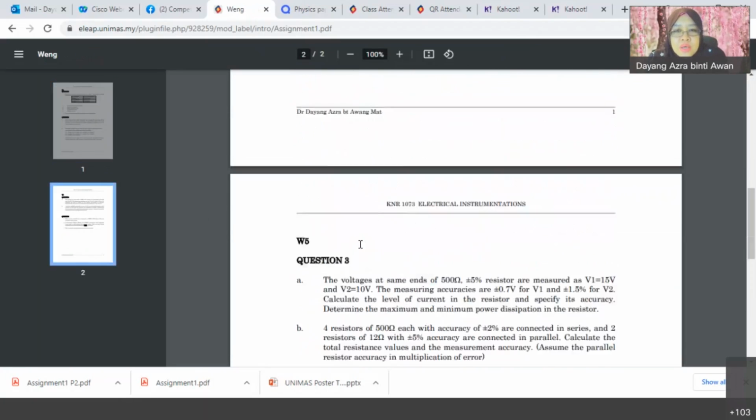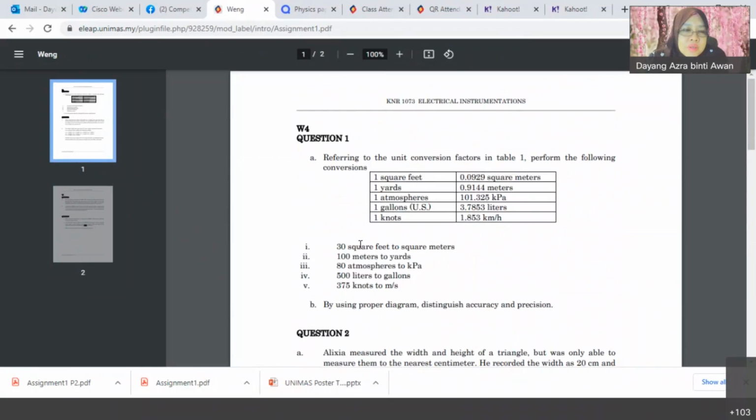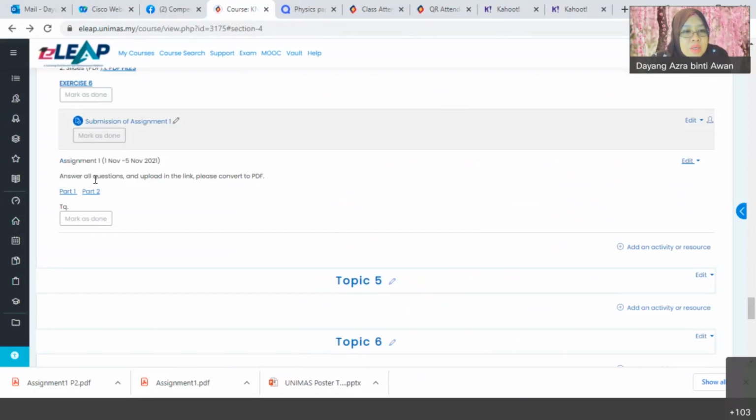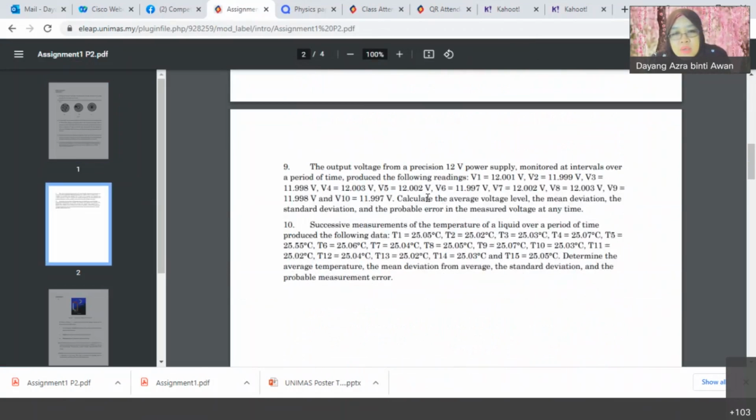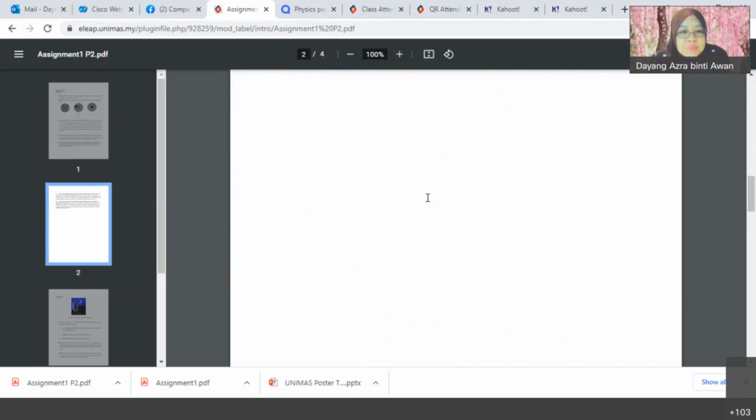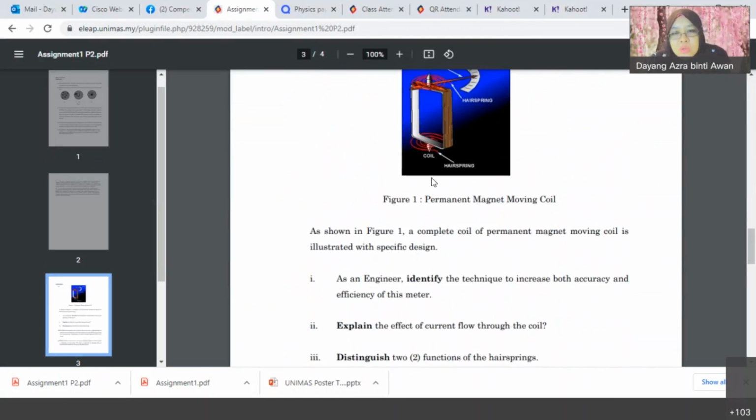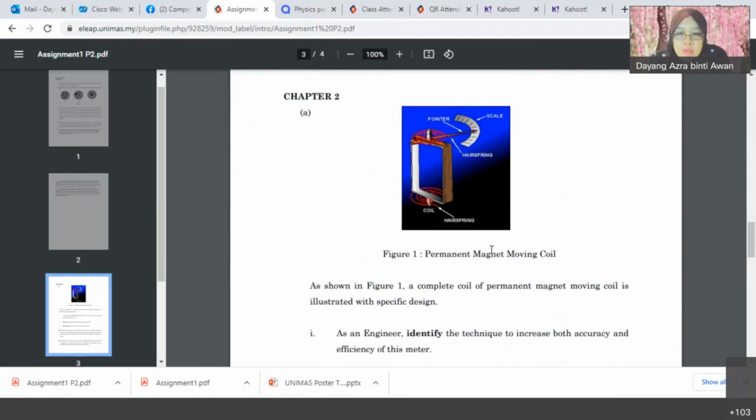This is an example of questions from the final exam and also from your test one. Please try to make it. And then this is part number 2, which is the same, some calculation, and also the question for the MC.